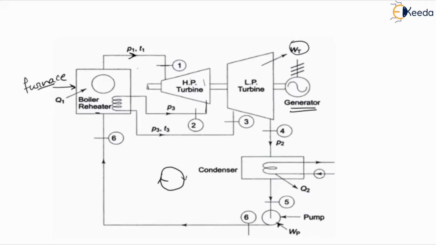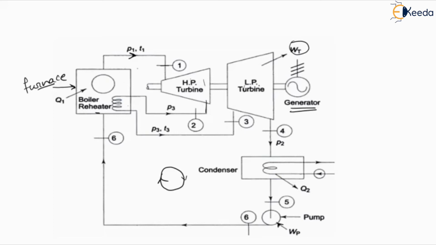So here what is happening, we are reheating the steam after it passes through the high pressure turbine to increase the temperature, and this increased temperature is defining the superheated temperature of steam. Then the superheated steam will again transfer to the lower pressure turbine, and it will expand and go to the further processes. So initially we increase the temperature till the superheated condition, and then we transfer to the high pressure turbine.